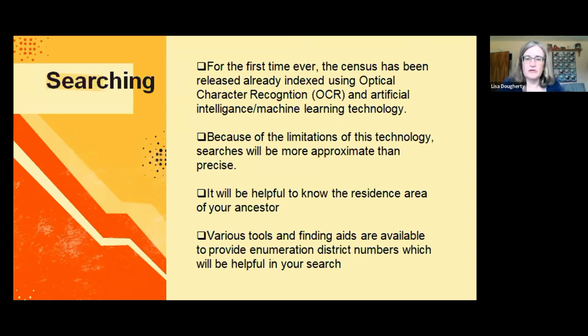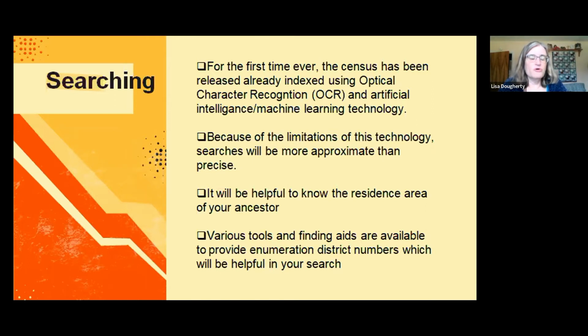These records are not typed, they were handwritten by the census takers. So OCR is only going to be as good as the characters that it can recognize. It's wonderful technology, and it does make these records much more accessible than other census records have been when they were released. But there is definitely going to be a need for human intervention in order to make this index much more comprehensive and usable for most people. We know the limitations of the technology.